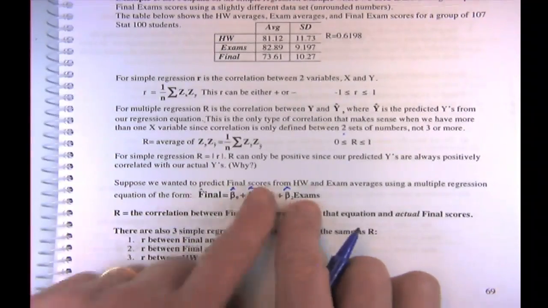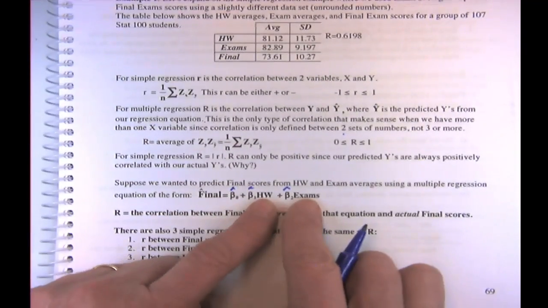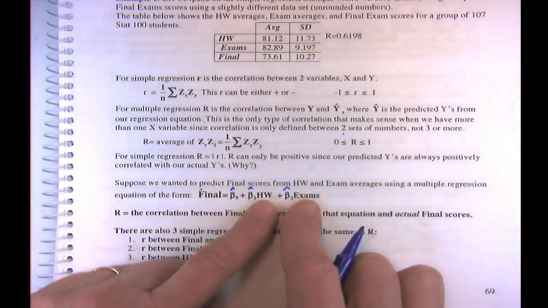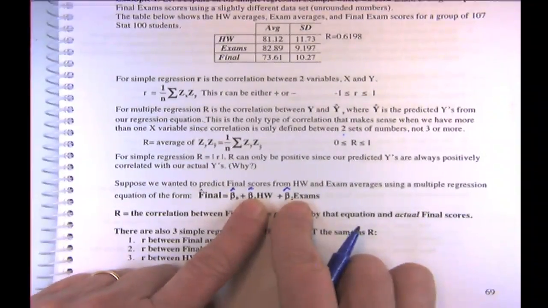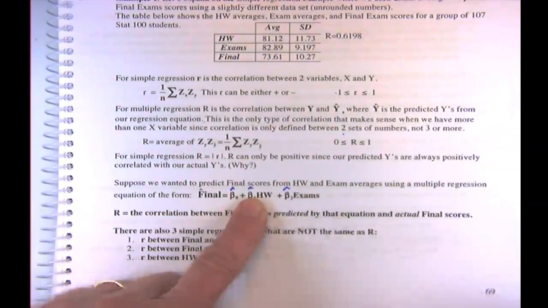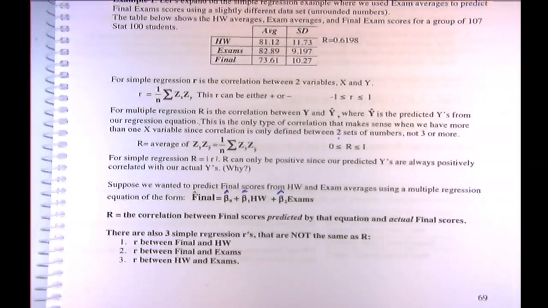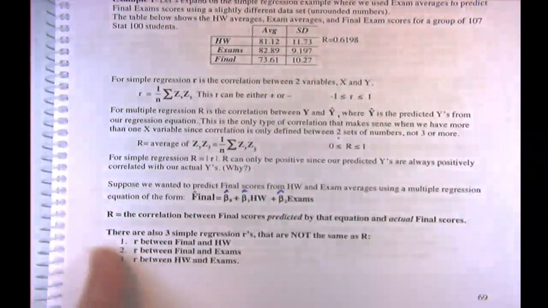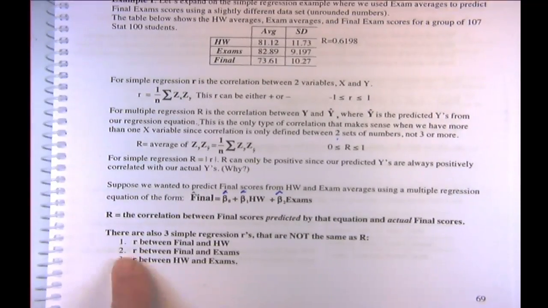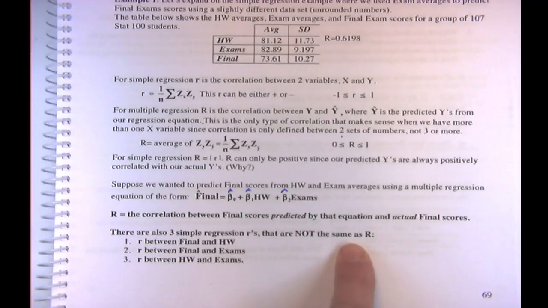Those are obvious, and now we're combining them. But then we also have to consider the correlation between homework and exams. So we really have 3 little r's here that are not the same as big R.